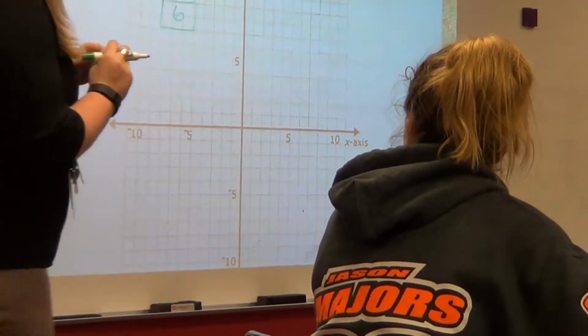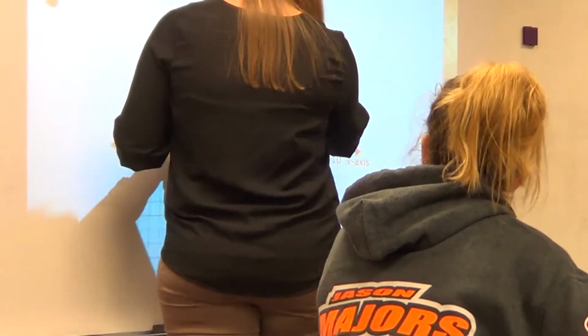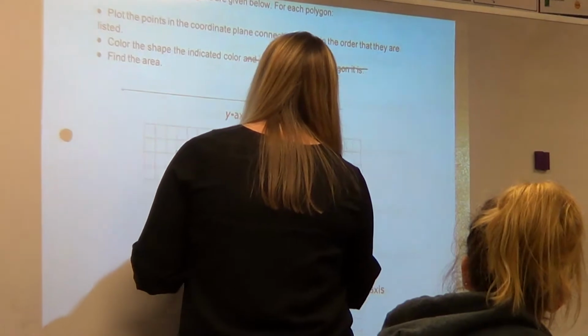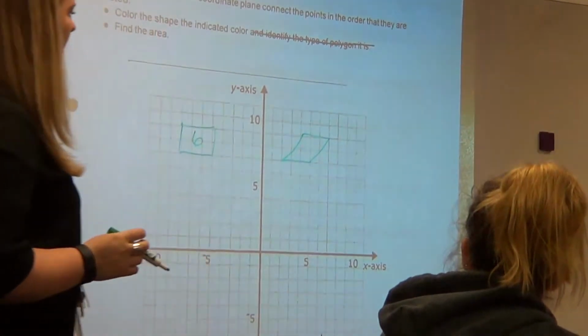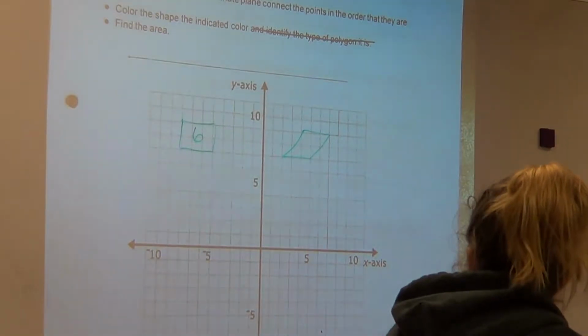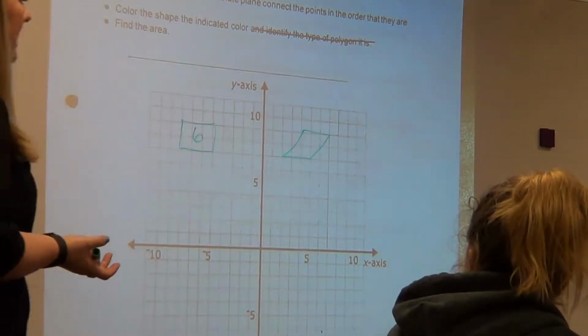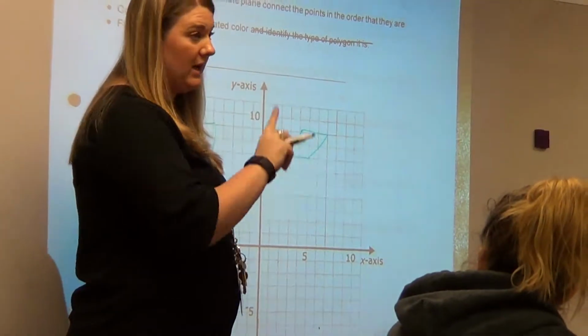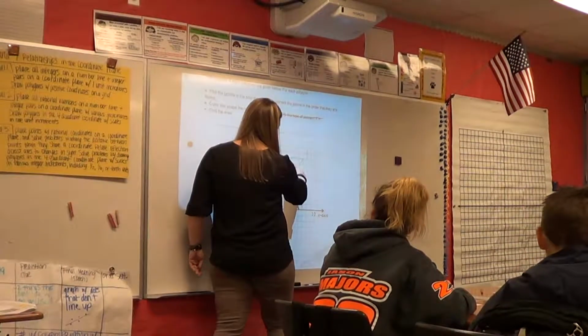Now there will be some shapes that don't necessarily make a nice even spot where you can count. With ones like this, I would start with all of the whole boxes that you see. See how this one's a whole box?